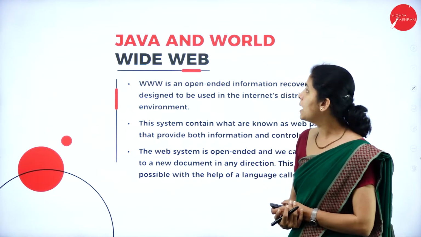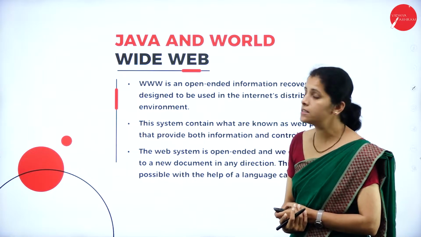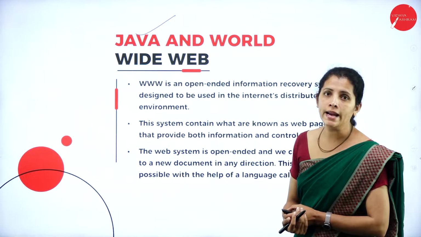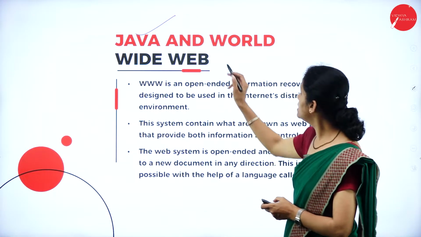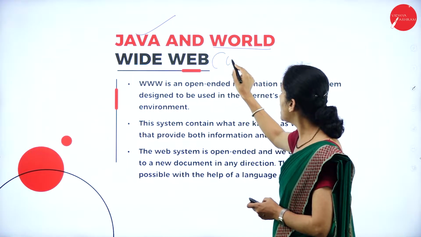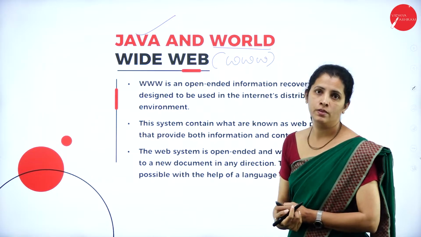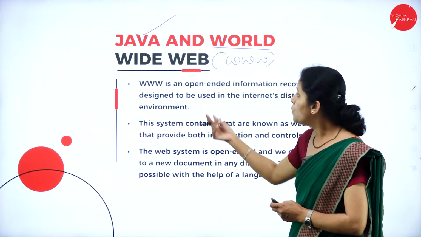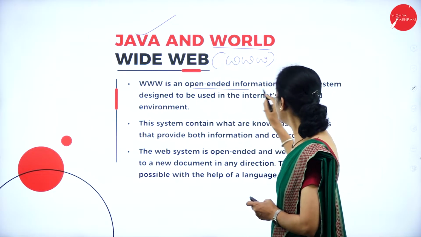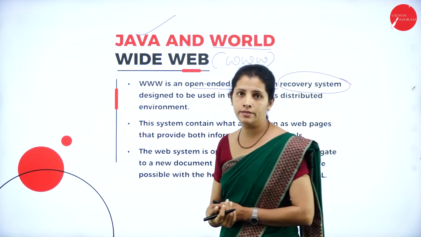Moving further, I'm going to have another very interesting concept, that is Java and World Wide Web. So here this World Wide Web is known as WWW. Now, what is this WWW? That is open-ended information recovery system.